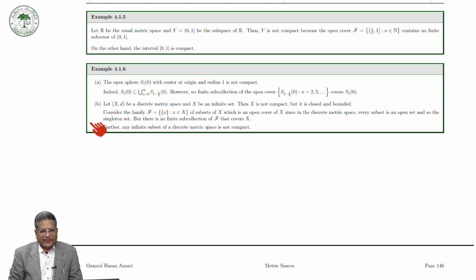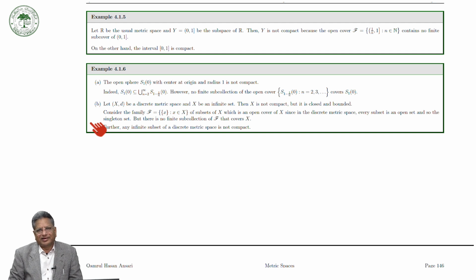If X is a discrete metric space and it is infinite, then it is not compact. If it is finite, of course, because every subset of a discrete metric space is open, it has a finite open cover, and so it has a finite open subcover, so it is compact.